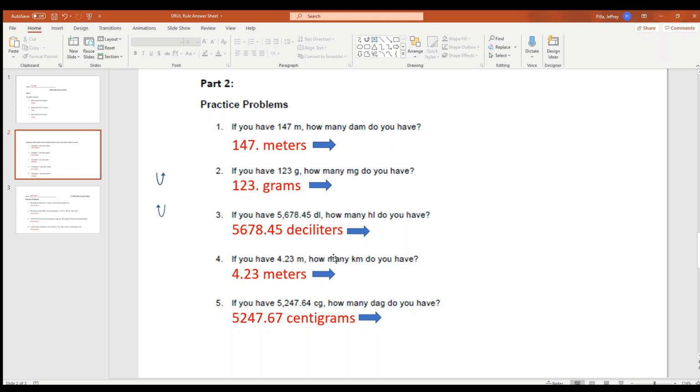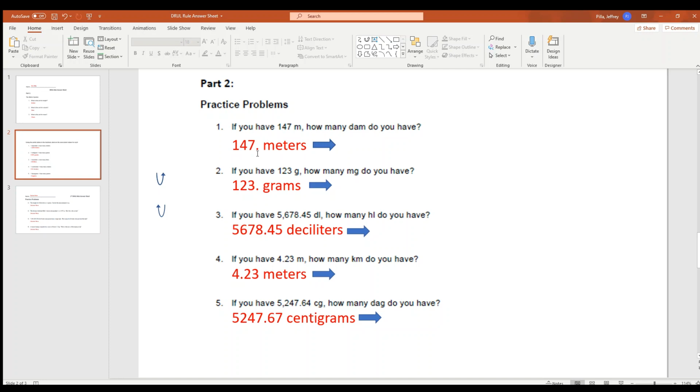Like we said in the notes, if you have a number that does not have a decimal, it's understood that the decimal is found at the end of the number. I added the decimal there so you can see where it's understood to be. It might not be in the number itself in the question, but the decimal is understood to be at the end of the number.